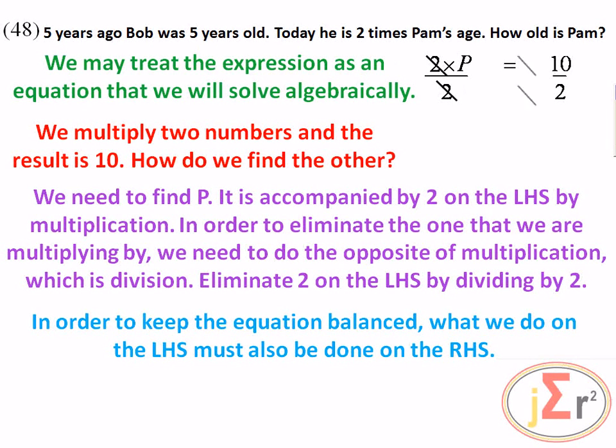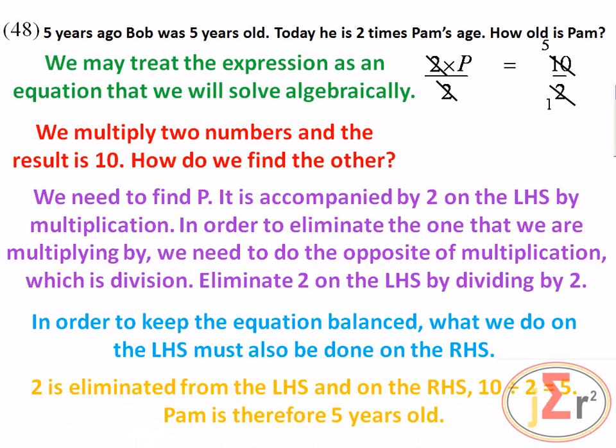The 2 will be eliminated from the left hand side, and on the right hand side 10 divided by 2 is equal to 5, right? 2 is eliminated from the left hand side, and on the right hand side 10 divided by 2 is equal to 5. Pam is therefore 5 years old.